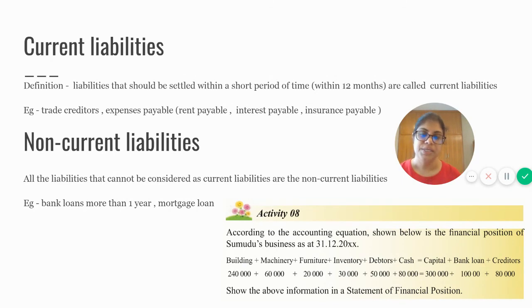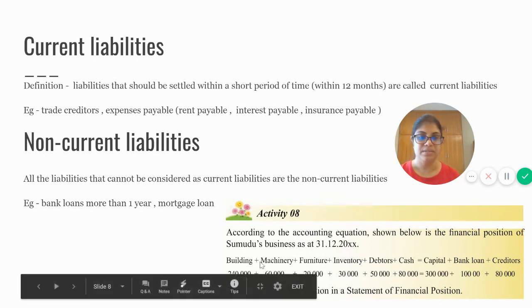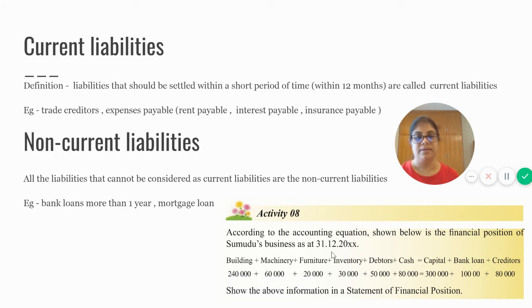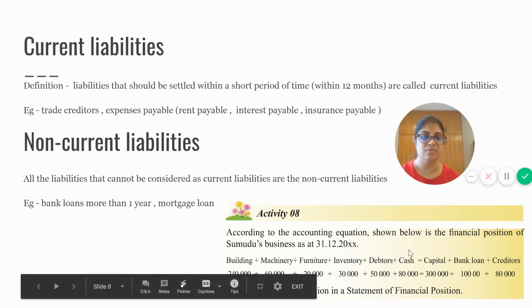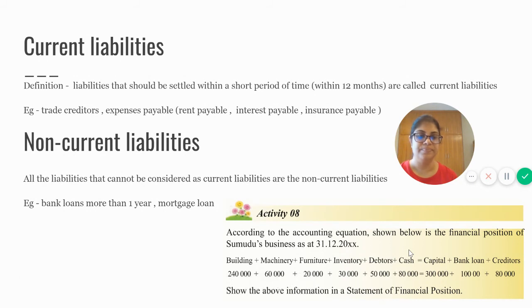So the accounting equation is always assets equals equity plus liabilities. Here you have the assets first, then equity, then the liabilities. So buildings, machinery and furniture, which are known as non-current assets, are given first. Then inventories, debtors and cash, which are known as current assets, are given secondly in the equation.